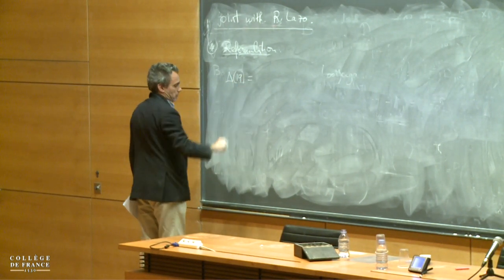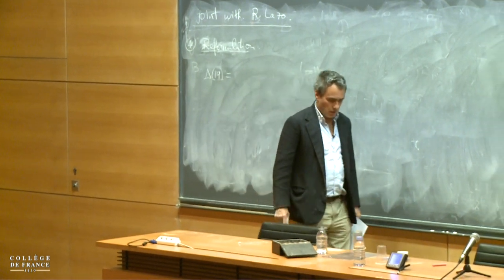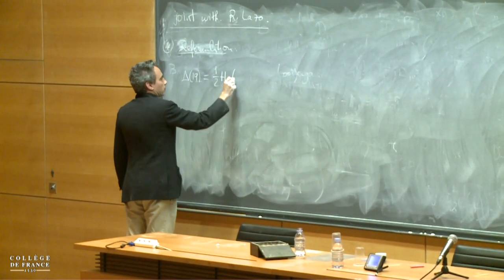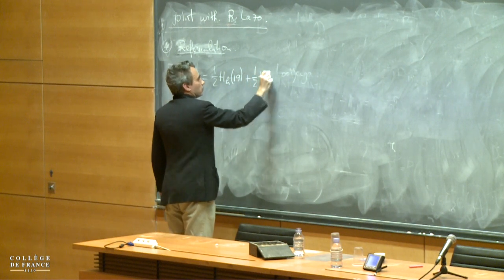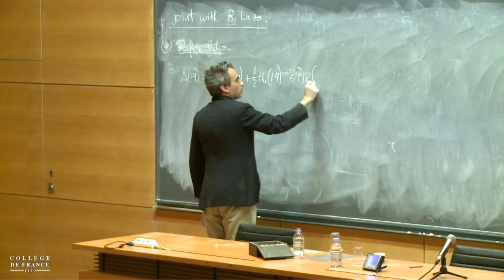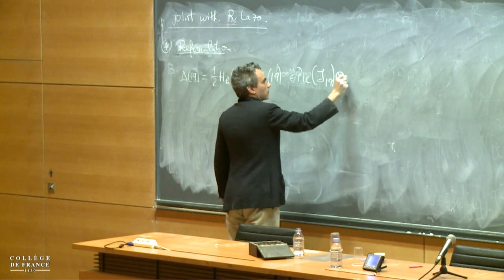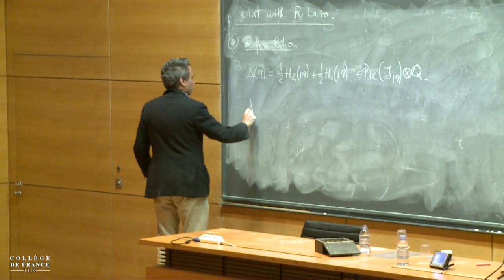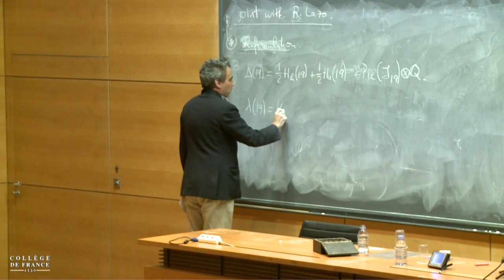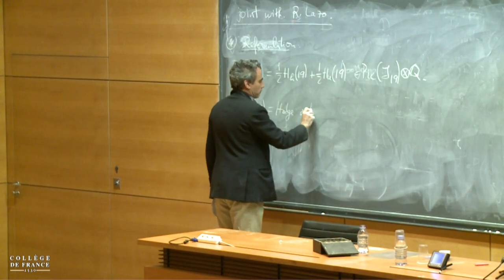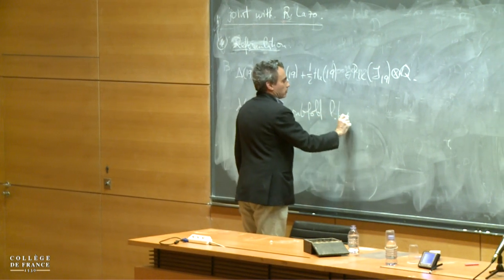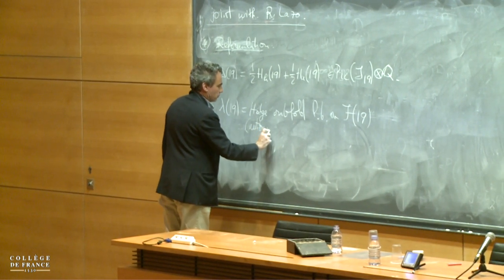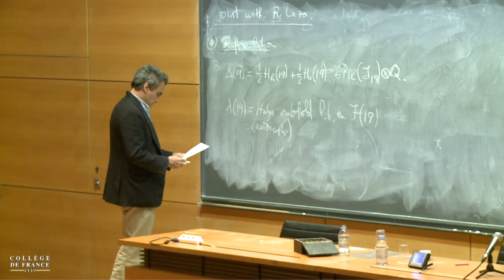So let's look at this Q divisor class on the period space for quartics. This is the Hodge orbifold line bundle on F19, or you might call it the automorphic orbifold line bundle.